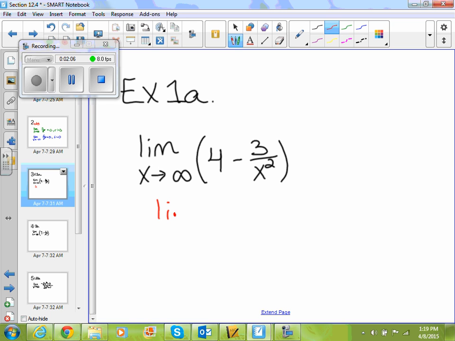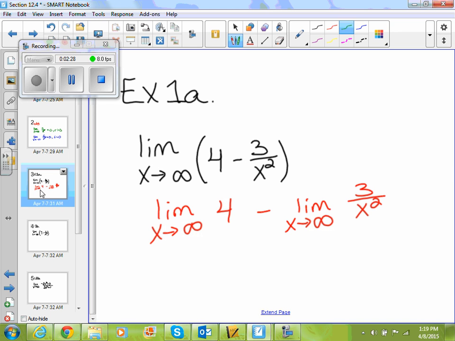So I'm going to break this up into the limit as x approaches infinity of 4 minus the limit as x approaches infinity of 3 over x squared. So you basically distribute your limit. Okay, and then the limit as x approaches infinity of 4 is just 4. The limit of any constant stays that constant.